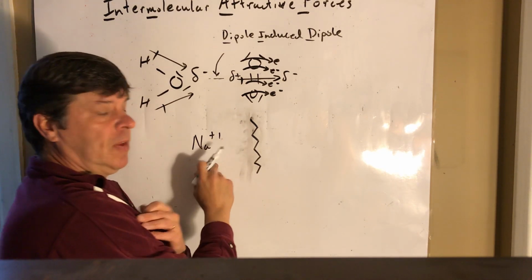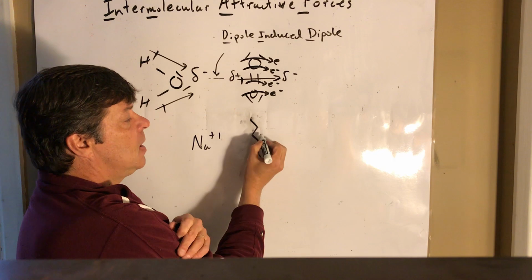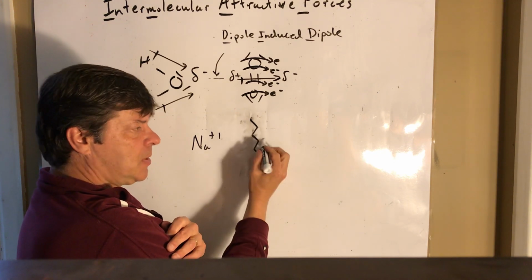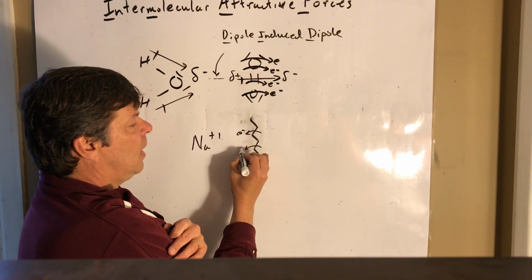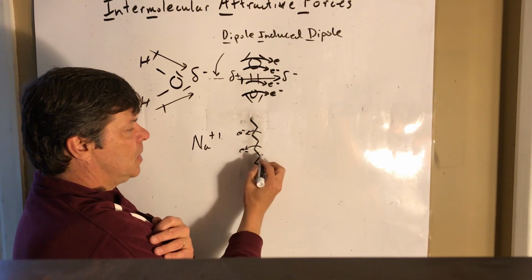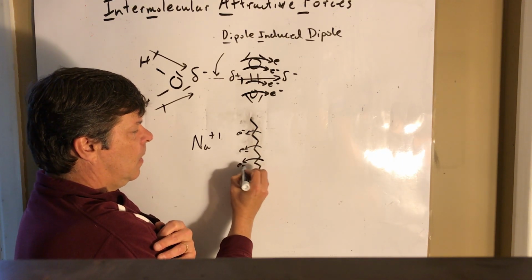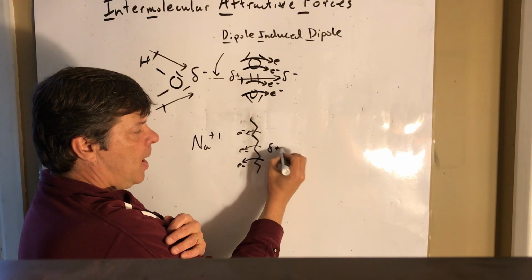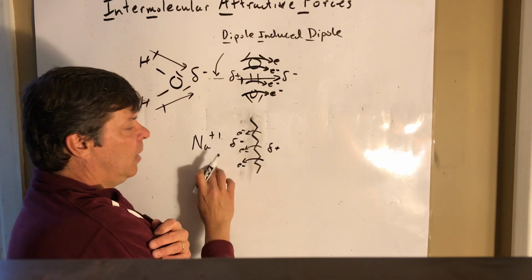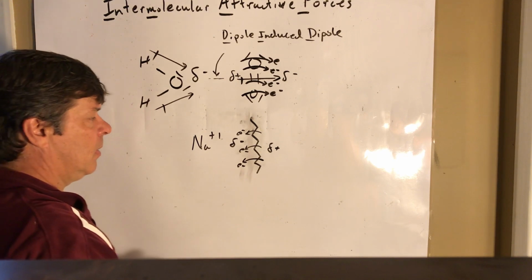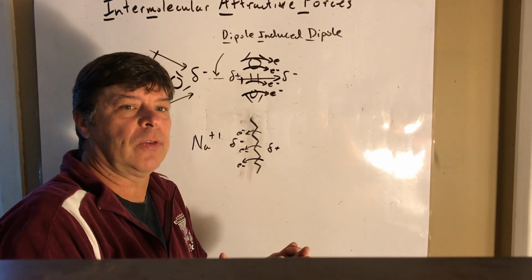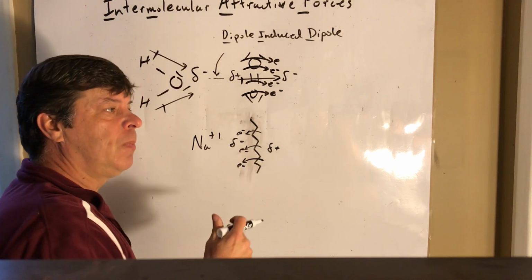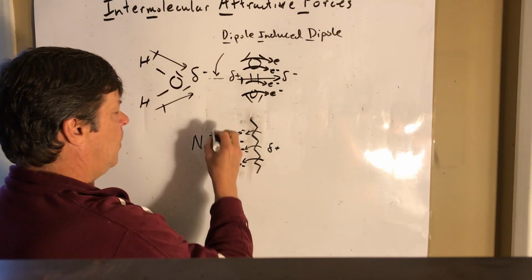What will happen in this case, with a +1 charge, is the valence electrons in this molecule will be attracted to this positive charge. This side will become partially positive. This side will become partially negative, and they'll attract each other. So there is such a thing as salted oils, and this is how those oils can be salted.